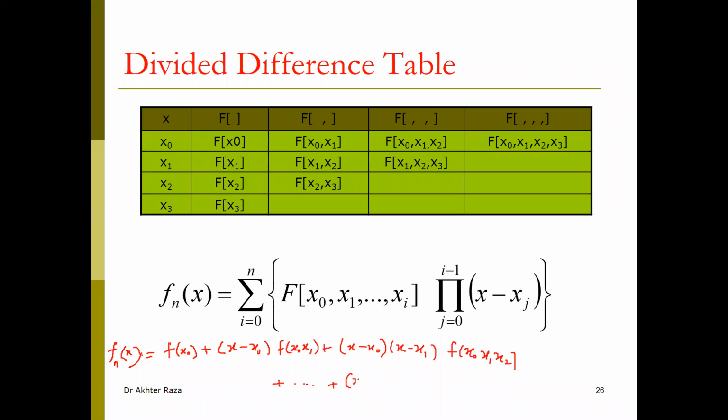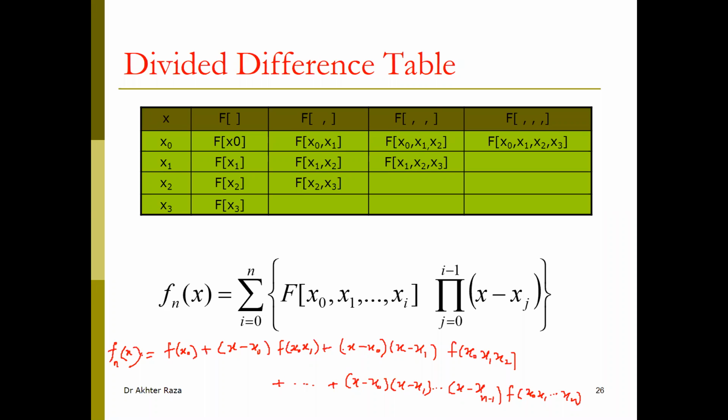It will be (x minus x0)(x minus x1) and so on up to (x minus x_{n-1}) f[x0, x1, up to xn]. So this formula is known as the Newton divided difference formula.